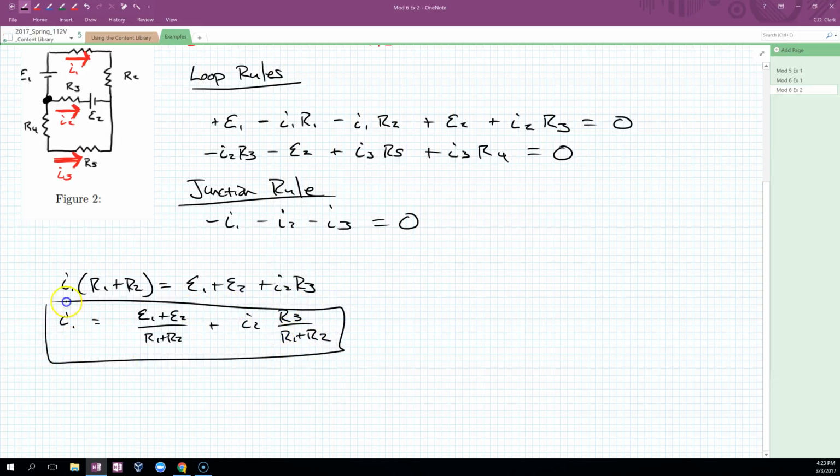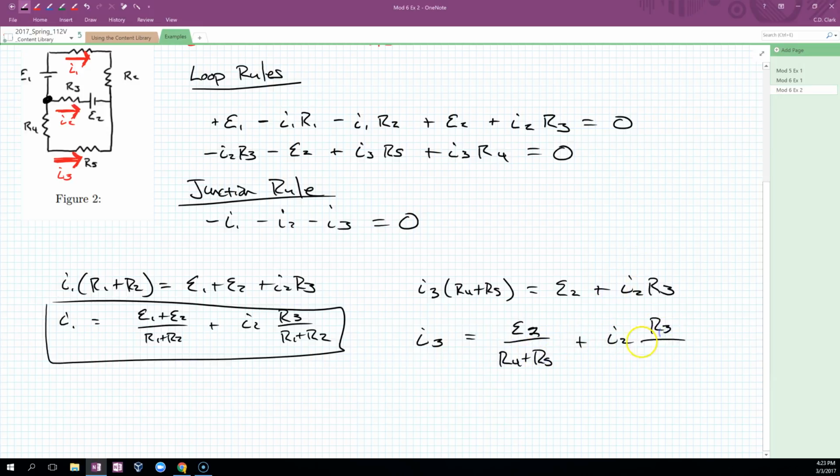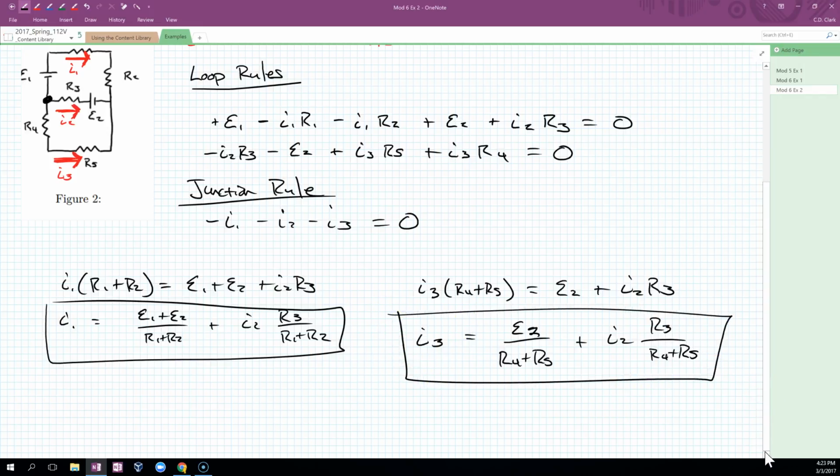Okay, so there's I1. Now let me do the bottom loop rule equation to solve for I3 in terms of I2. I3 times R4 plus R5. This is just rearranging that second equation. EMF2 plus I2 R3. So I can write I3 as this. And now take those and plug them into my junction rule.